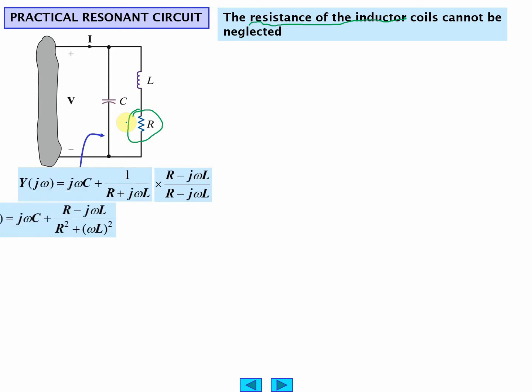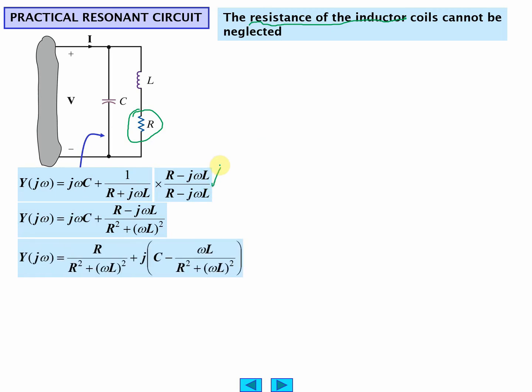So here's the admittance, and we make the numerator real by this procedure right here, multiplying by the complex conjugate of the denominator. And so with a little rearrangement, you have this formula for the admittance.